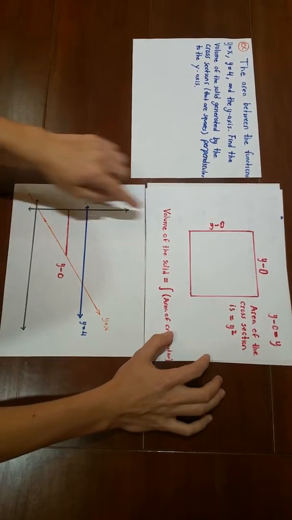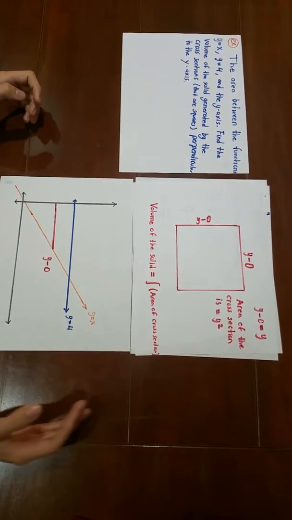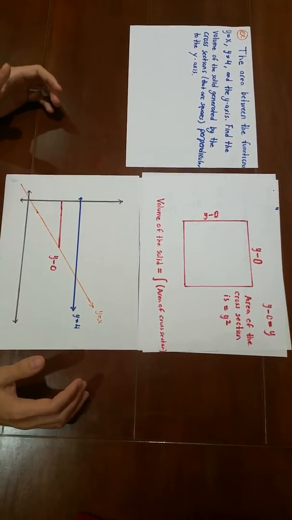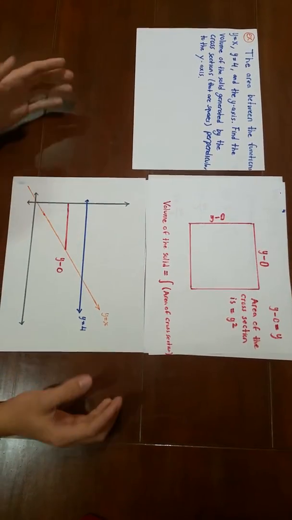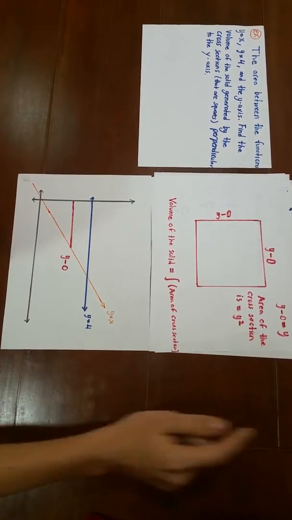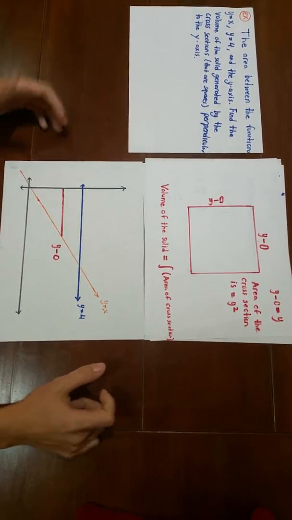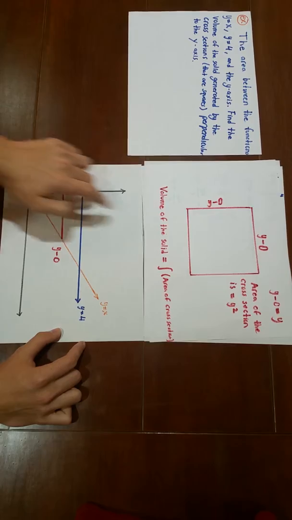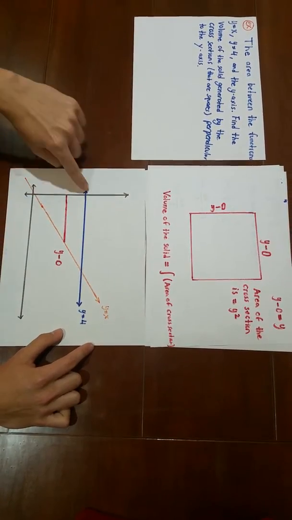So the side of the cross section is y minus 0. The area of the cross section, because it's a square, is this distance squared, y squared. And for the volume of the solid, we take the integral of the area of each cross section, these squares, between the bounds 0 and 4.